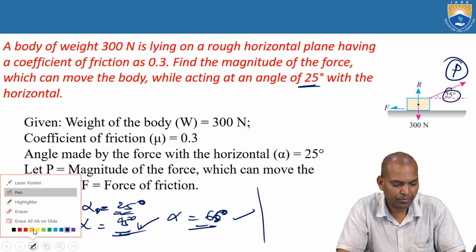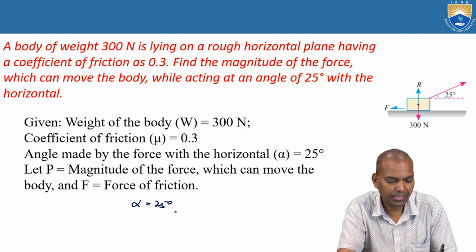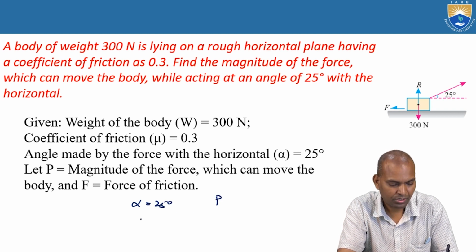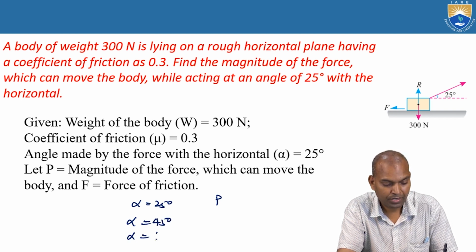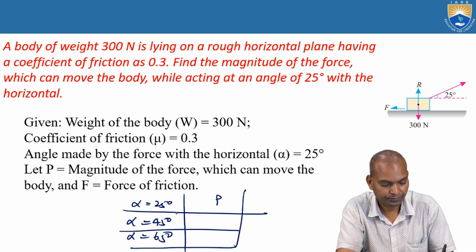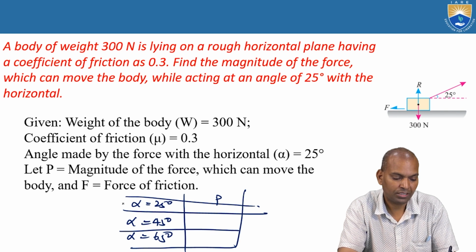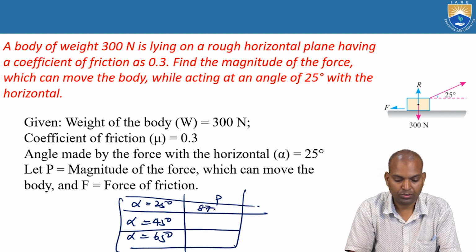Let me make it clear. What is the angle of alpha? Alpha equal to 25 degrees, and what are the P values at alpha equal to 45 degrees and alpha equal to 65 degrees? At alpha equal to 25, we got around 87.1 newtons.